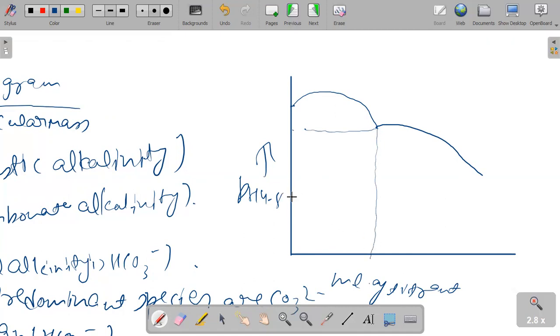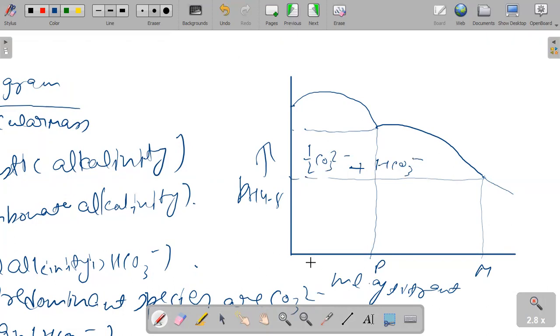Here this is our P, this here is M, and this region is half CO3 2 minus plus HCO3 minus.